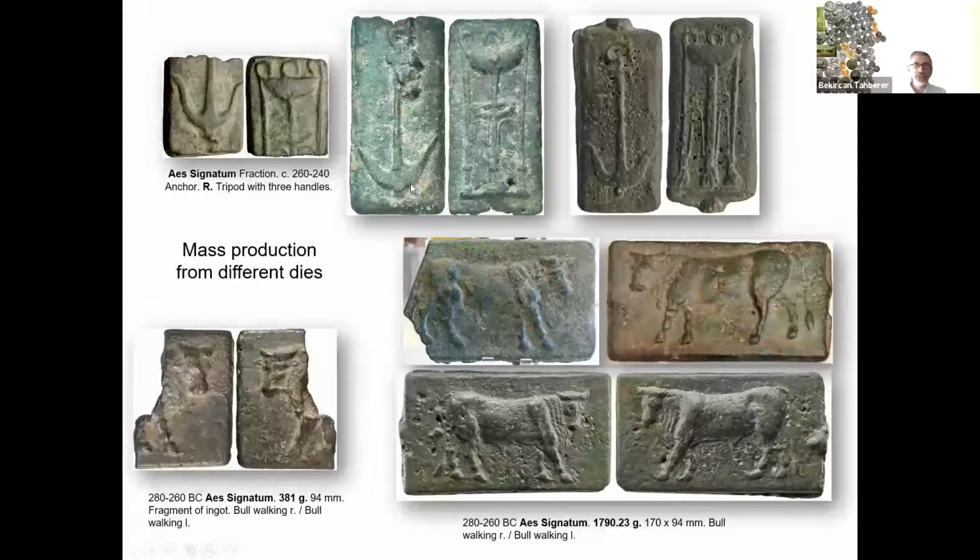So here you see the anchor and tripod piece, and here is another one. It's obviously from a different die. And here is one broken into 2-3 pieces, whatever was necessary at that time. And it was circulated. And here is another one with the bull walking on each side, one to the right, the other one to the left. And here I have 3 examples that are intact.